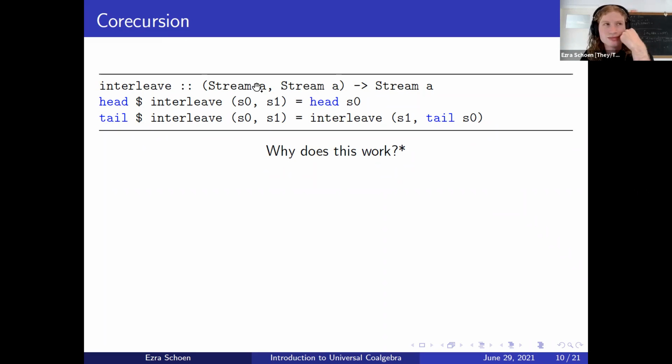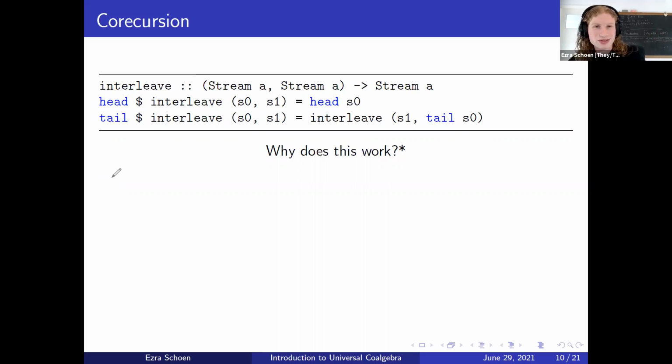There is a data type of streams. There's a library that provides it, but it doesn't use this syntax. It uses different syntax. But why I chose this syntax is because I want to make explicit the kind of duality between recursion and co-recursion.